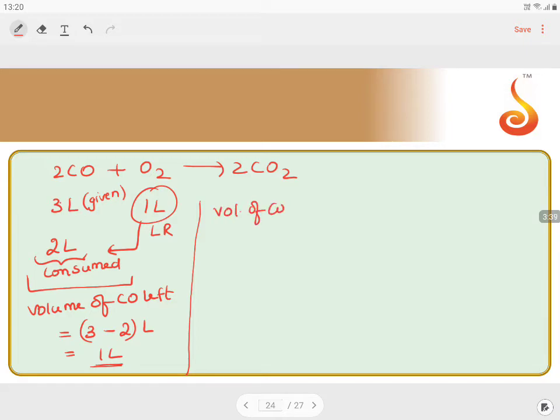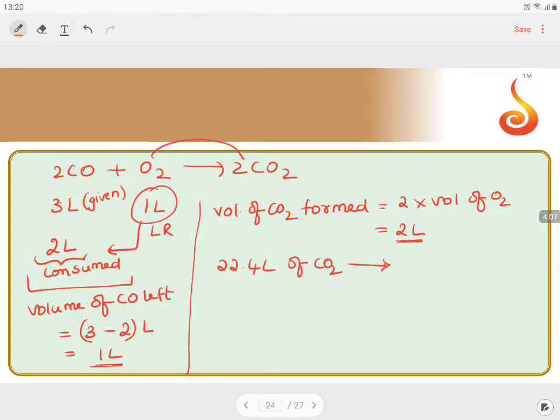Volume of carbon dioxide formed will be 2 times the volume of oxygen. So that is 2 into 1 liter, 2 liters. As per the reaction, you can see they are in 2 is to 1 ratio. So 2 liters. If 2 liters is formed, we know 22.4 liters of carbon dioxide is equivalent to 44 grams, which is the data for 1 mole of gas.